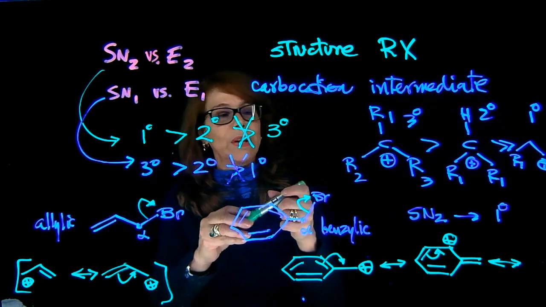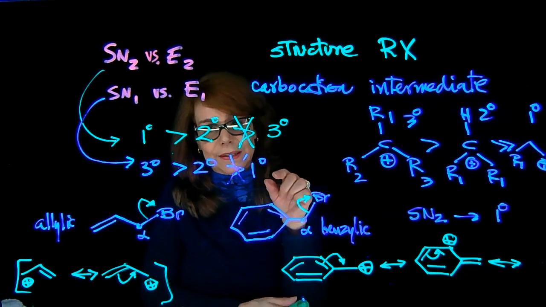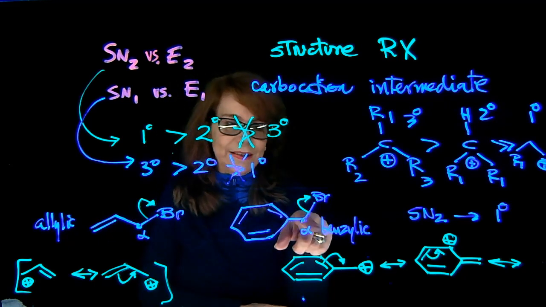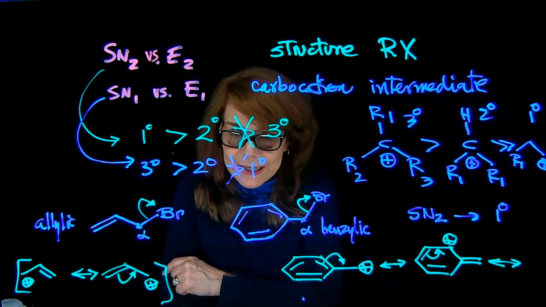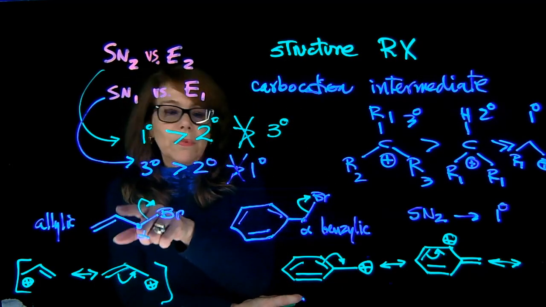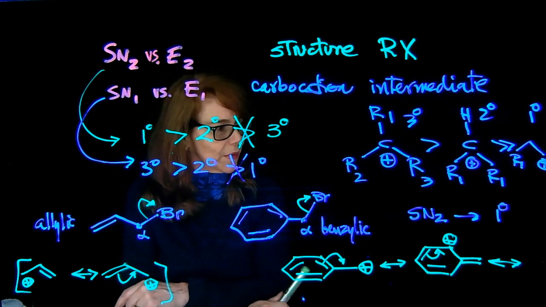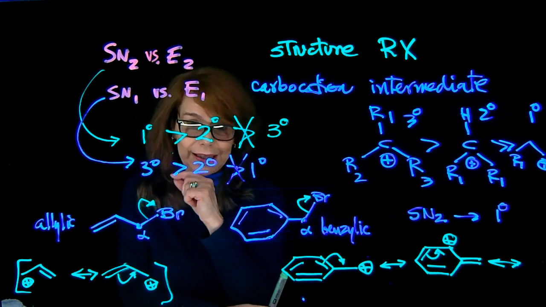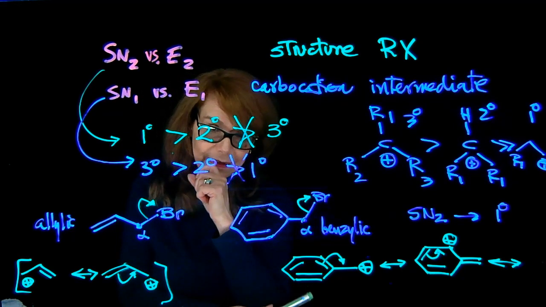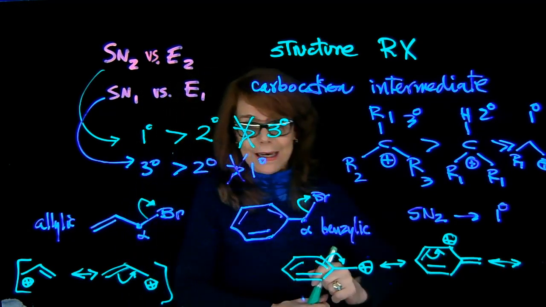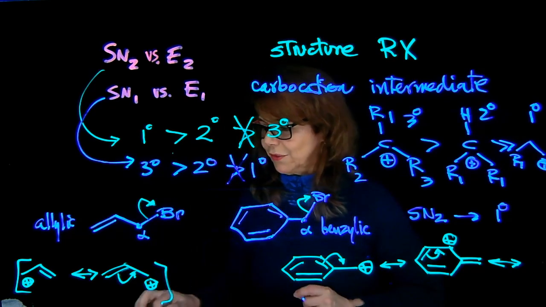So we need to add to the list of reactivity the allylic and the benzylic halides. These two structures react well via SN2 and SN1. And we need to remember that the vinylic and the aryl halides do not react under those conditions.